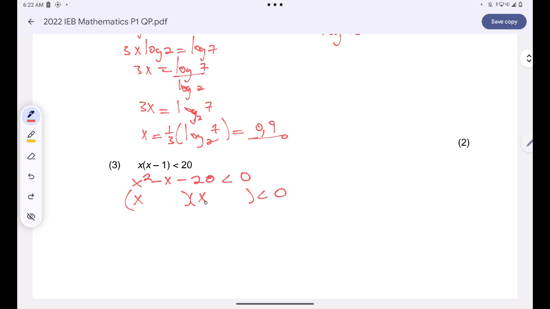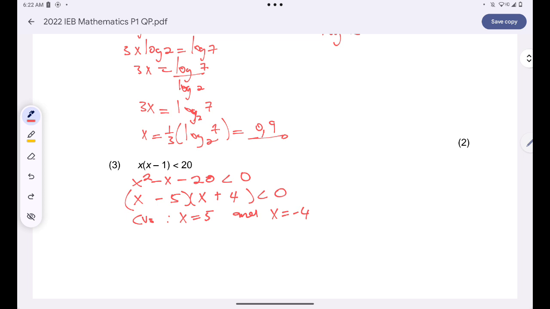Because I want to find my critical values. I want the factors of 20 that when I subtract will give me 1. That's 5 and 4. Obviously, the bigger number will take the sign of the middle term, so I'll have minus and plus here. And then my critical values: x will be equal to 5 and x will be equal to negative 4.